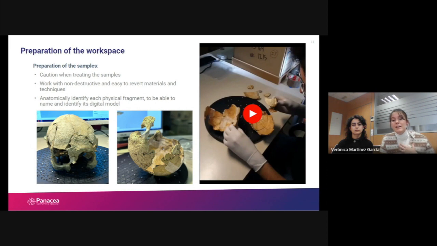And in this regard, we must also always work with non-destructive and easy to revert materials and techniques. And finally, when we are about to scan fragmented remains, and this is based on our experience, we always recommend that all the individual fragments are anatomically identified before scanning, so that we can precisely differentiate them in the digital model later.